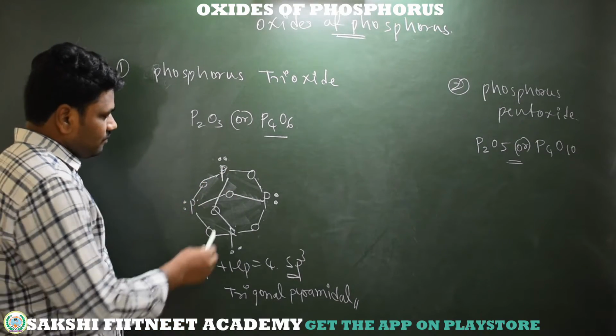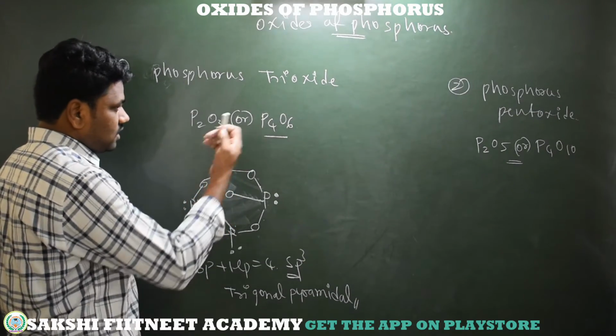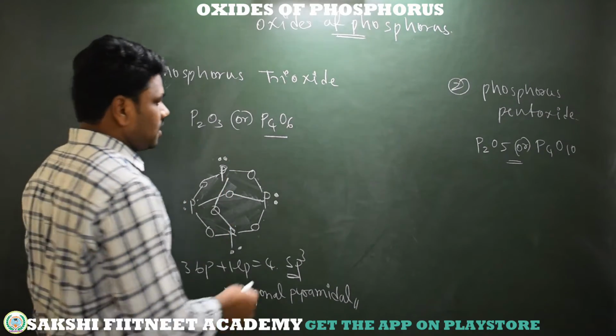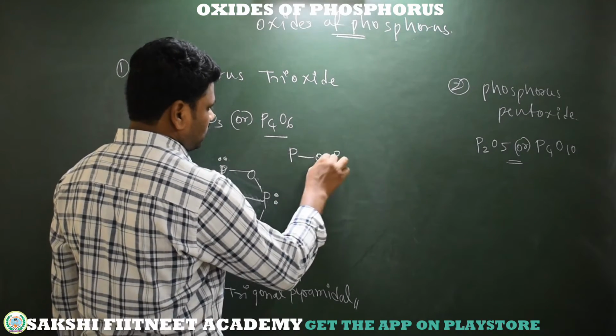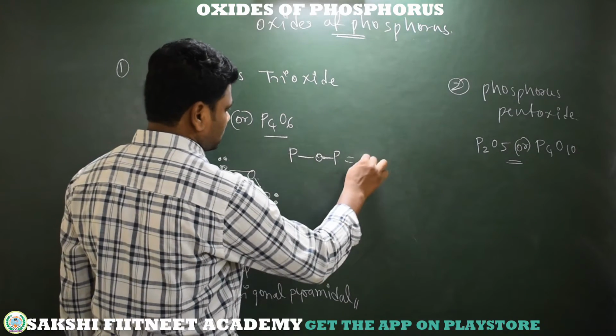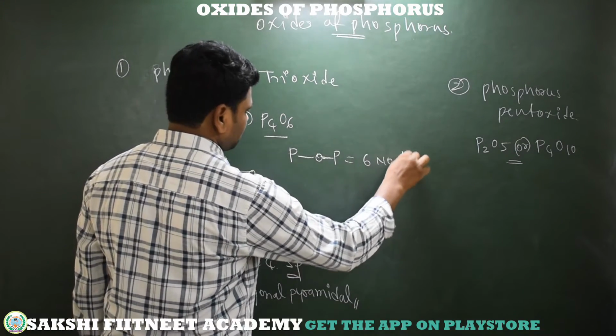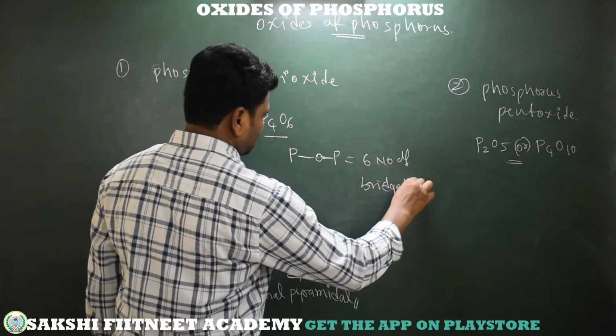See here, we have 6 oxygens. We have 6 bridged oxygens, that is phosphorus to phosphorus through oxygen. So these are called bridged oxygens. We have 6 bridged oxygens.